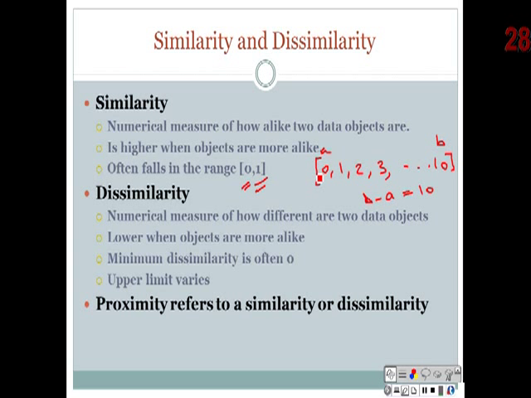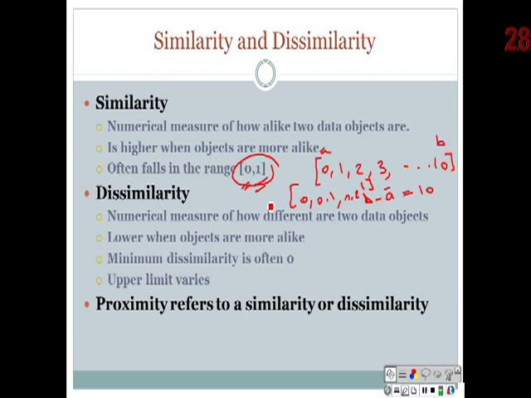You end up with 0, then 1 over 10, 0.1, 0.2, etc. So the biggest number will be 1, and the range is 0 to 1. Usually the similarity is always positive.